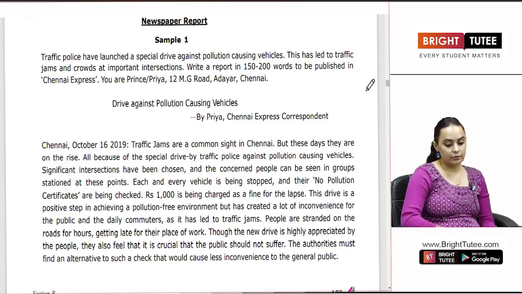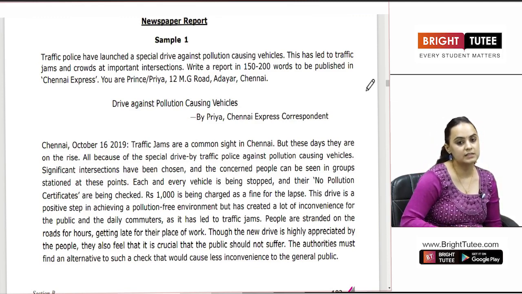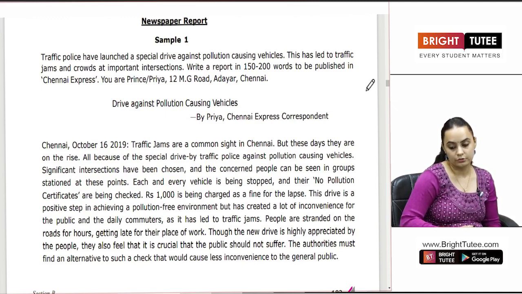Traffic police have launched a special drive against pollution causing vehicles. This has led to traffic jams and crowds at important intersections. Write a report in 150 to 200 words to be published in Chennai Express. You are Prince or Priya living at 12 MG Road, Adayar, Chennai.